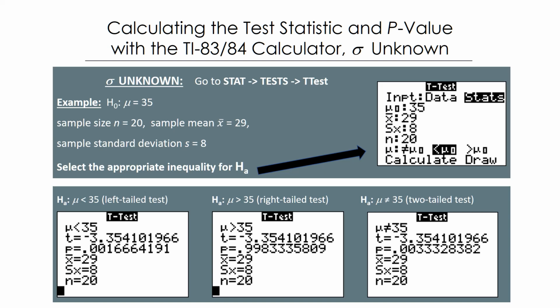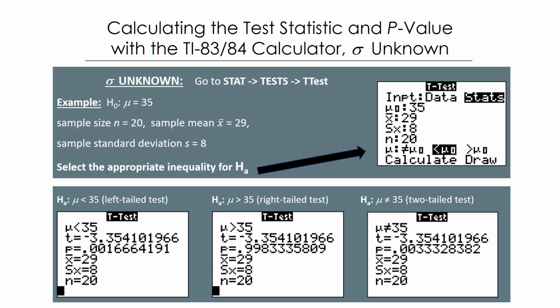So in this same example where H sub 0 is that mu is equal to 35, you put in 35 for mu sub 0. When the sample size is n equal 20, the sample mean is x bar equal 29, and the sample standard deviation s equals 8, you put those in for the corresponding symbols. Sx is the standard deviation from the sample on the calculator display.